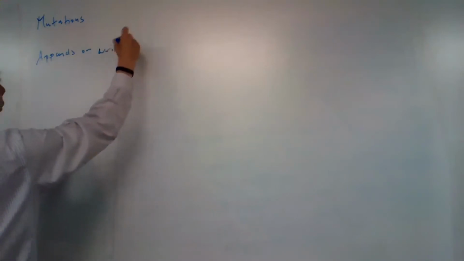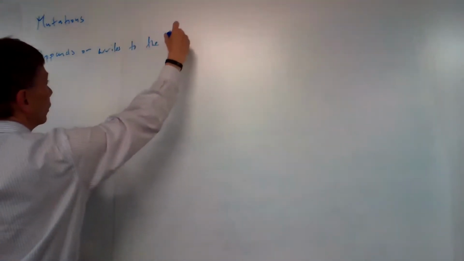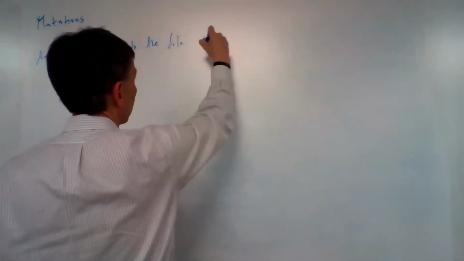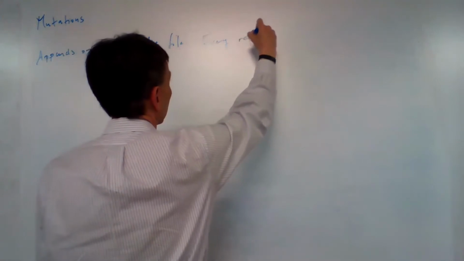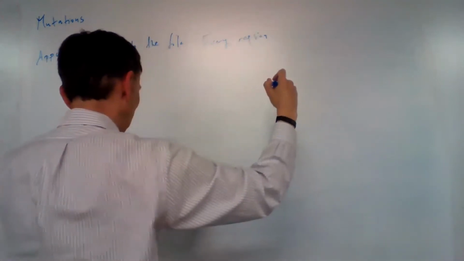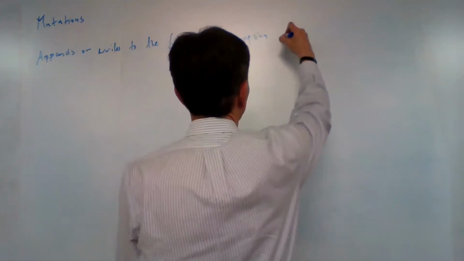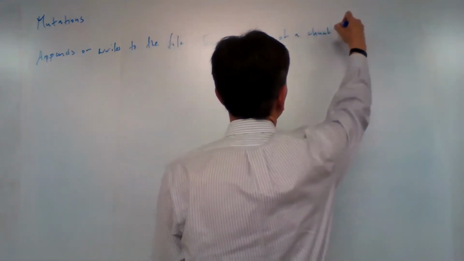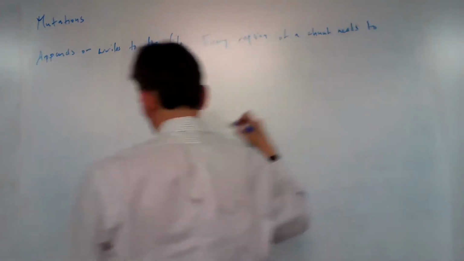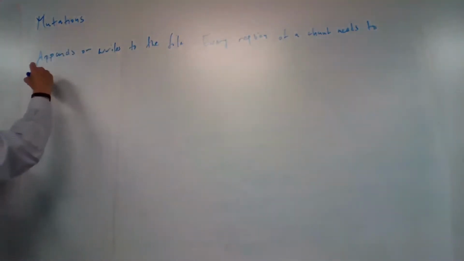So these would be appends or writes to the file. And again, GFS assumes that appends are the norm. So every replica of a chunk needs to maintain consistency.